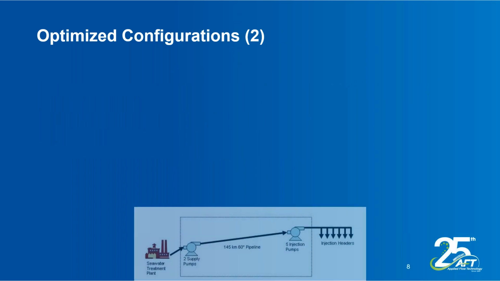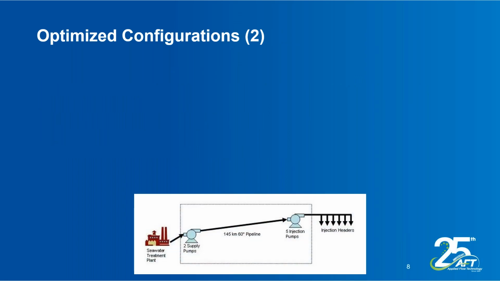And after going through a whole bunch of iterations and automated sizing processes, what AFT Mercury was able to find is that it was able to reduce the piping diameter down to 60 inches in diameter, and it eliminated a whole entire pump station for all those booster pumps.